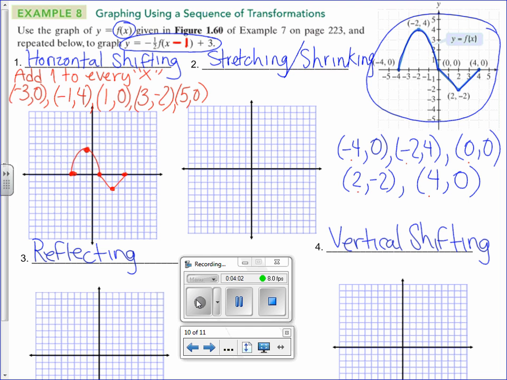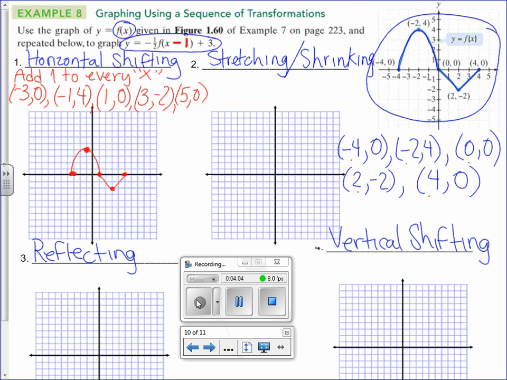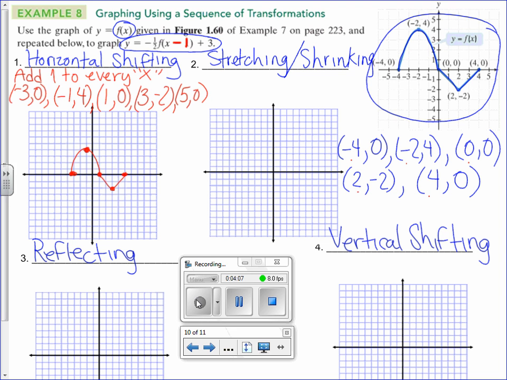Now, since we are graphing a function with multiple transformations, instead of going back to the reference points from the parent function, we're going to continue from the points that we obtained from the horizontal shifting, so the ones here.